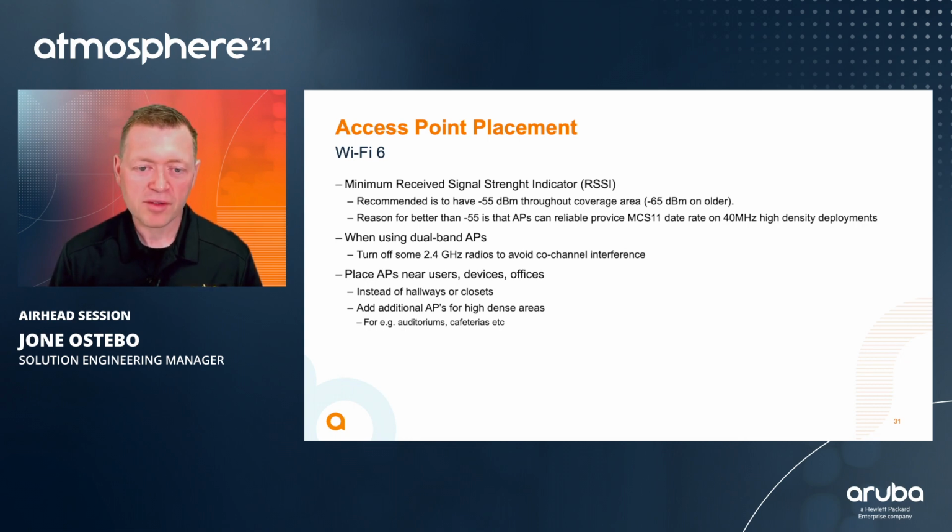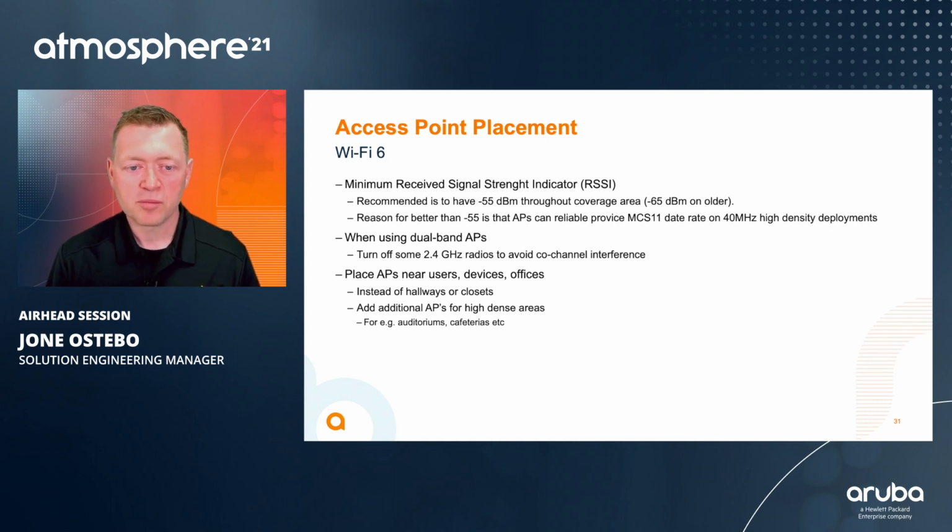On Wi-Fi 5 and previous, we recommend negative 65 dBm as the roaming threshold between two different APs. With Wi-Fi 6, because of the higher speed, we recommend negative 55 dBm as your roaming point. That should be used when you're doing channel planning for your network. That means you need more access points, but it will also give you way higher speed.